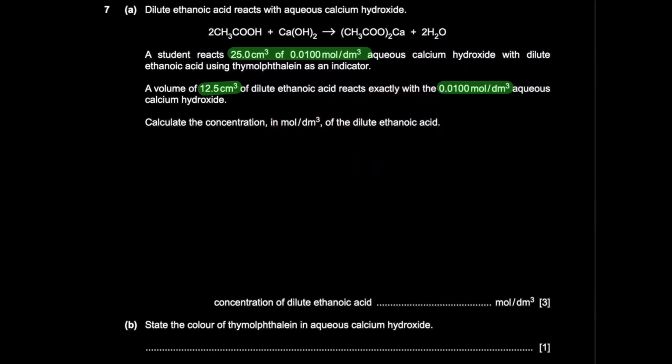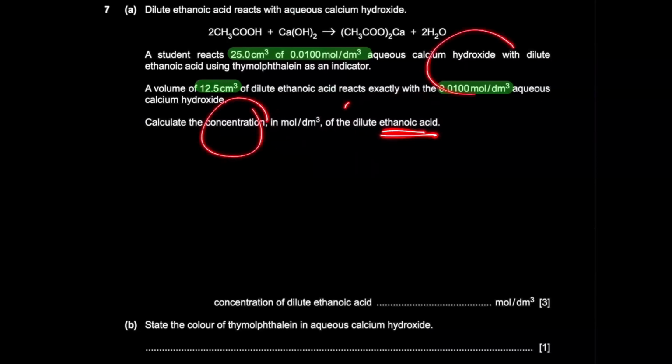First, convert the known quantity to moles. Right? What is the unknown here? Unknown is ethanoic acid. Known is calcium hydroxide. We know the concentration and volume. So convert that to moles, right? Calcium hydroxide, the moles is concentration times volume.